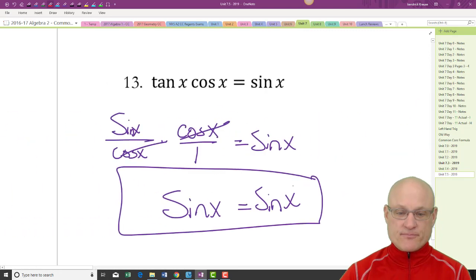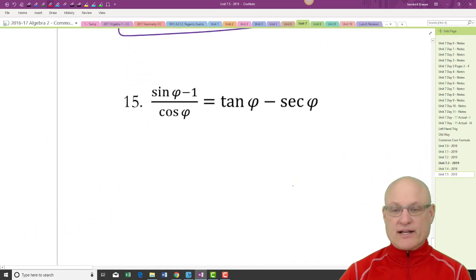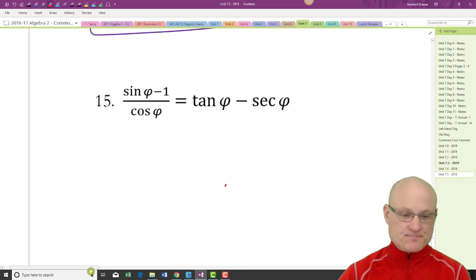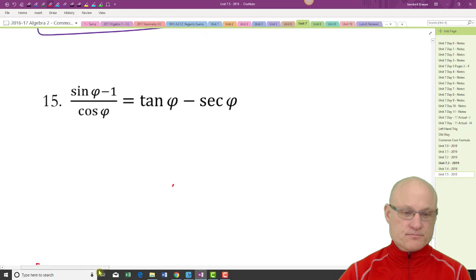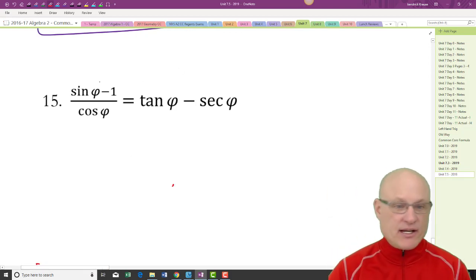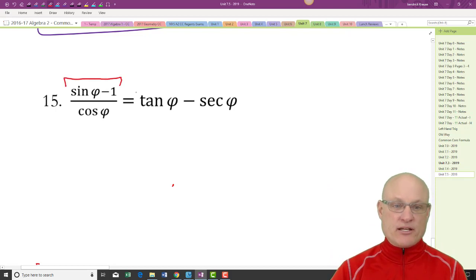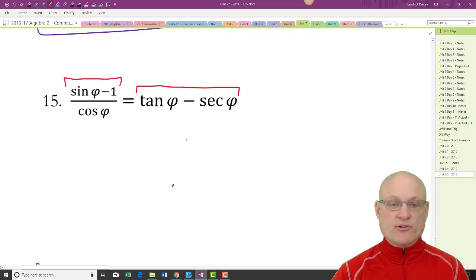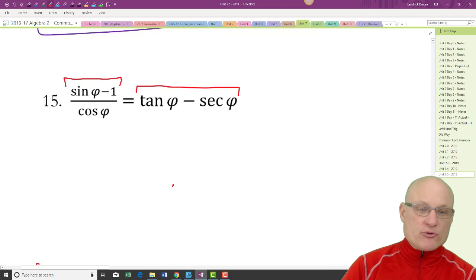Two left. Now, this one's got a weird symbol. Actually, I don't remember what symbol this is. It's a weird one. Someday you can look it up. But I don't even know which side's more complicated. I'd say the fraction is more complicated than this side. It really makes no difference. But what we're going to do is split this up.